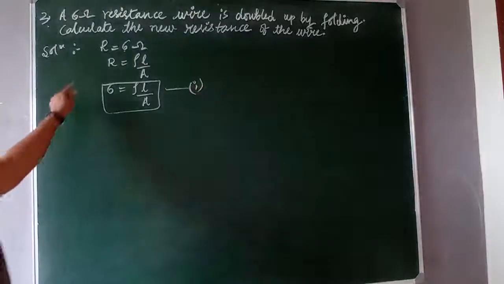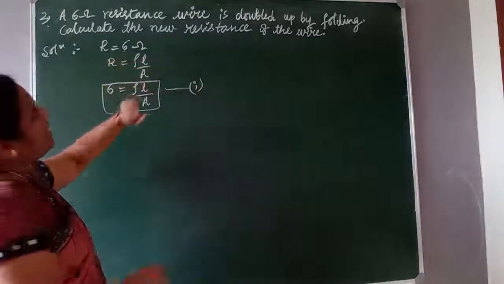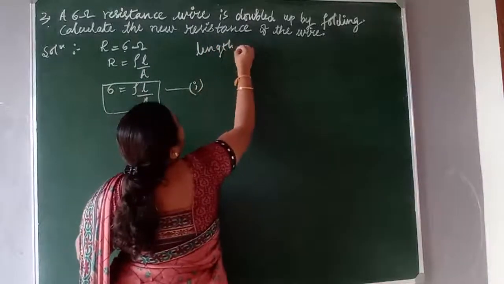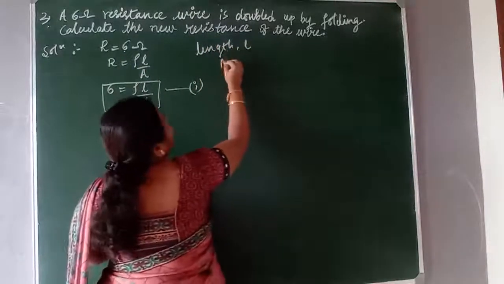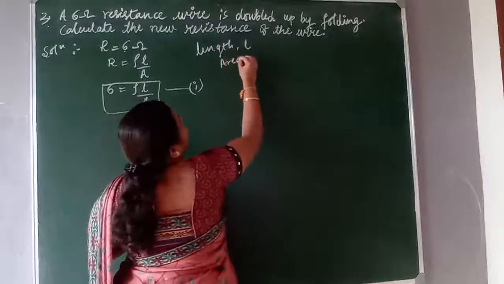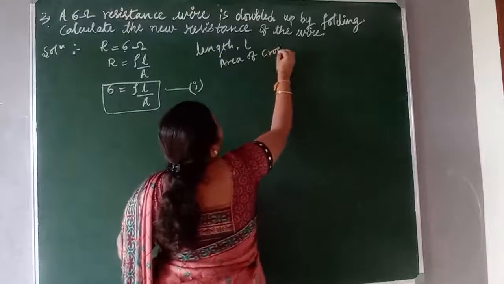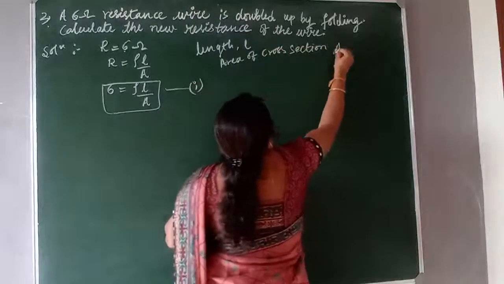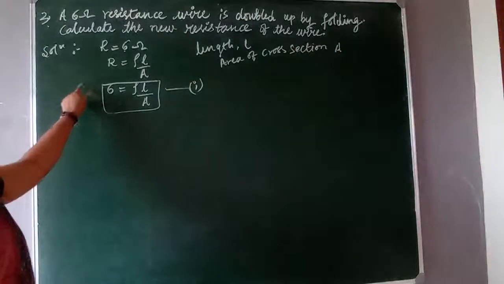And see children, R is equal to 6 ohms when it has a length L and area of cross section A, isn't it, children? When it has an area of cross section A, the resistance of the wire is this much.